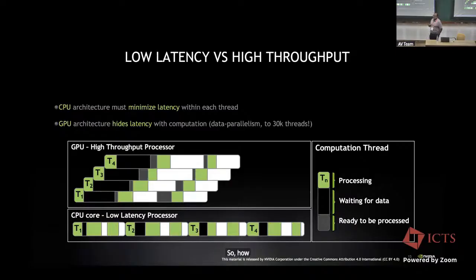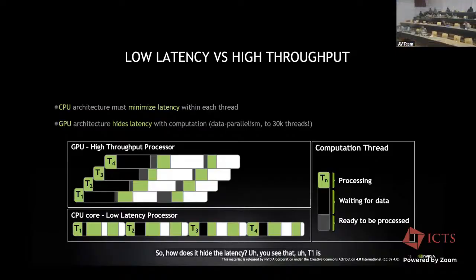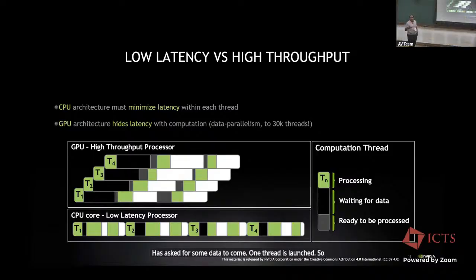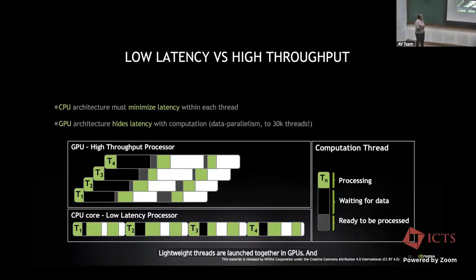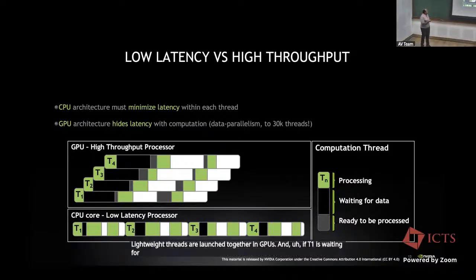So how does it hide the latency? You see that T1 has asked for some data to come. One thread is launched. A lot of lightweight threads are launched together in GPUs. If T1 is waiting for data, you launch thread 2, thread 3, thread 4.